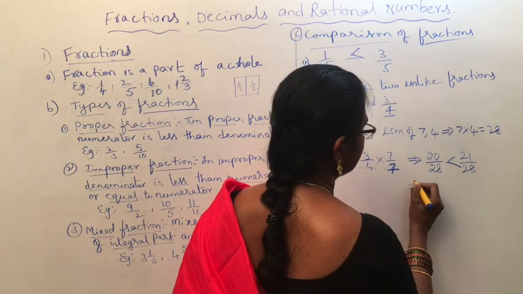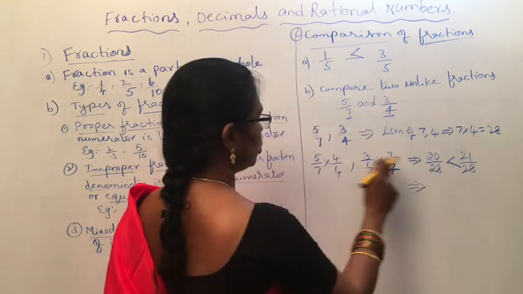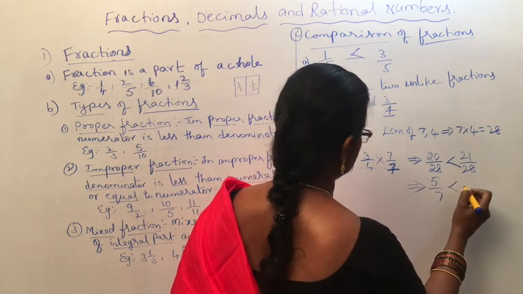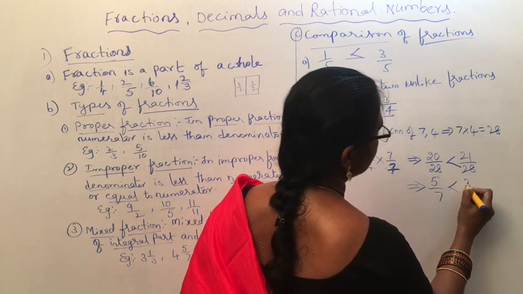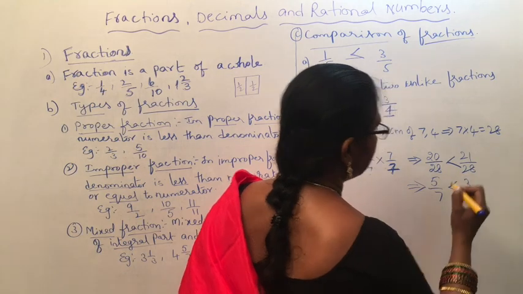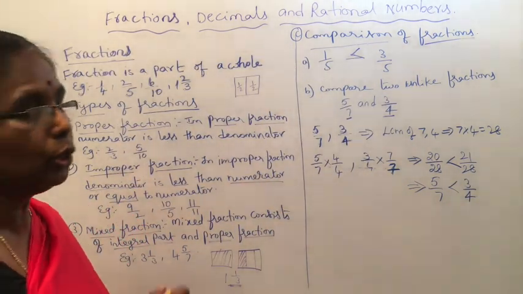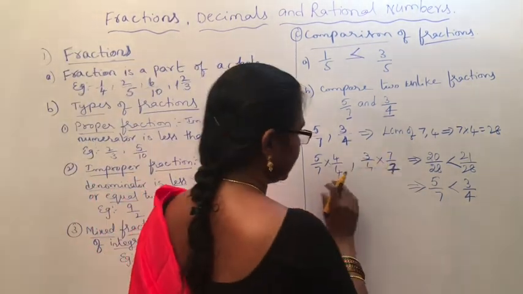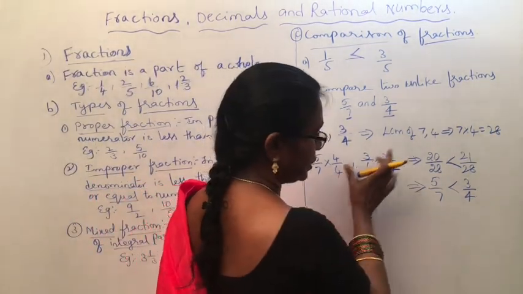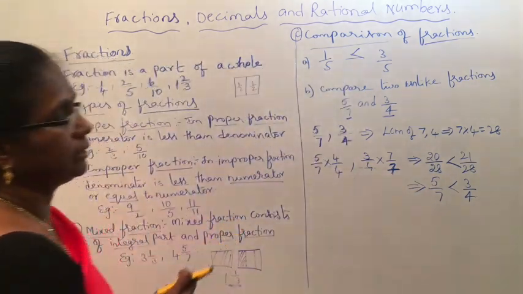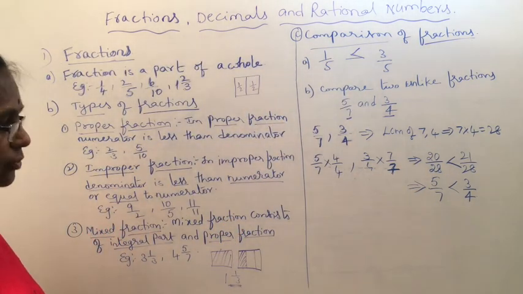Now we write the actual fractions: 5 by 7 is less than 3 by 4. When you compare two unlike fractions, you first find the LCM, then change the two fractions into like fractions. Then only we can compare. Now these are the types of fractions and comparison of fractions.